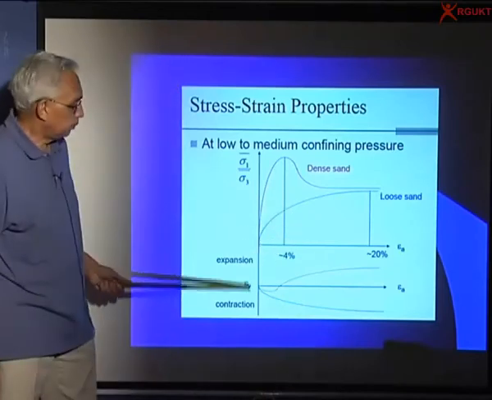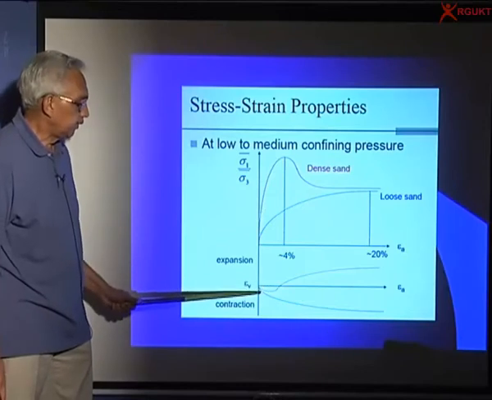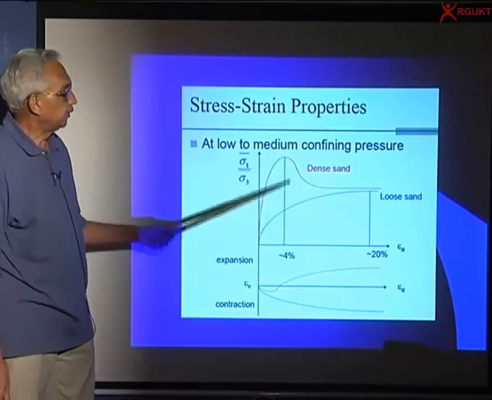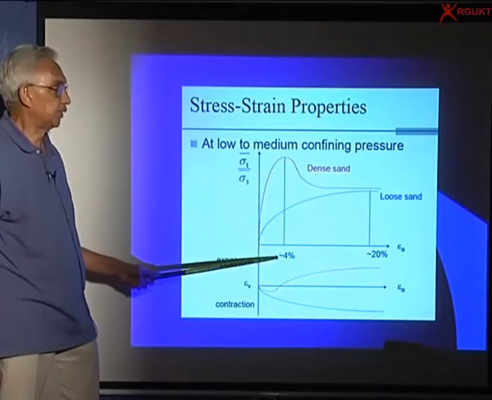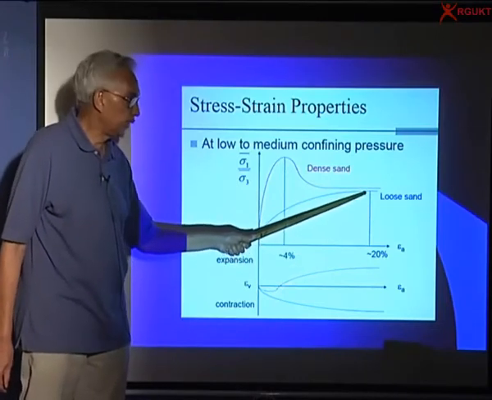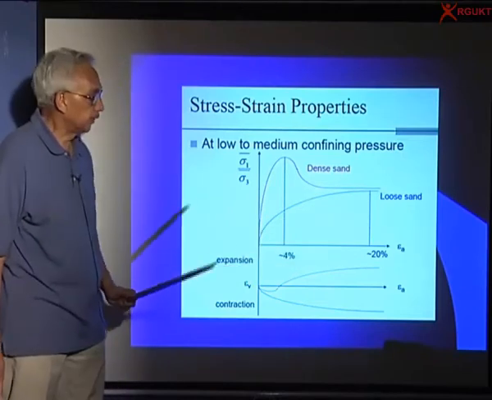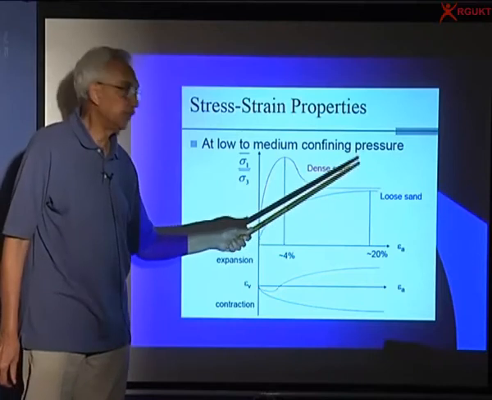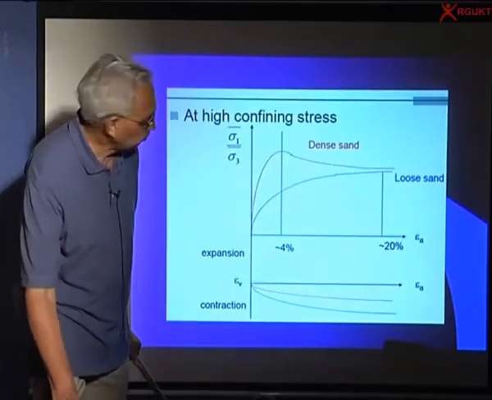These are the stress strain properties we looked at: dense sand, loose sand, and here is volume contraction and dilation. Please note that the failure in case of dense sand is around 4% strain. In case of loose sands, it continues to mobilize strength, which is low, of course, even up to about 20%. And at 20% strain, residual strength of dense sand is equal to the strength of loose sand.